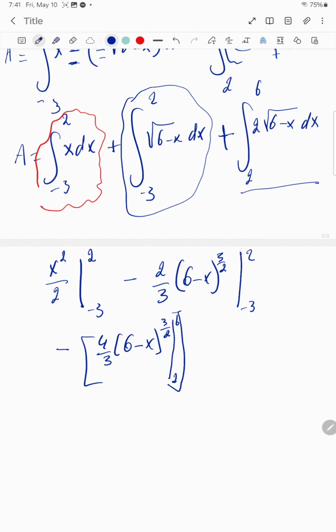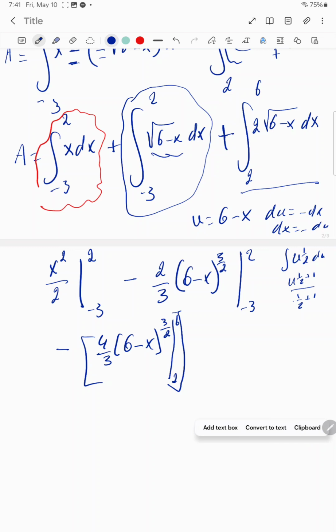I will do this for you, because I feel bad. You take u equal 6 minus x, so du equals minus dx, so dx equals minus du, and then it becomes the integral of u to the power 1/2 du, so it's u to the power 1/2 plus 1 divided by 1/2 plus 1, and this is how I got 2/3.